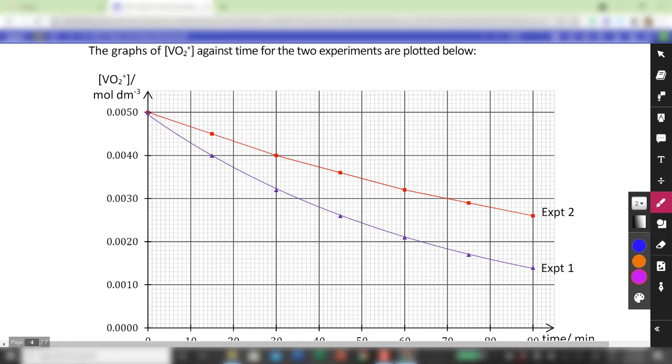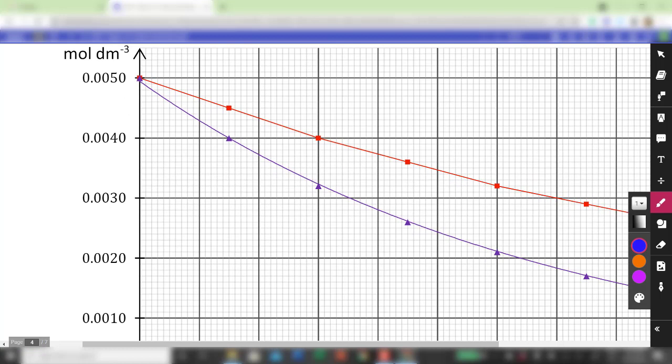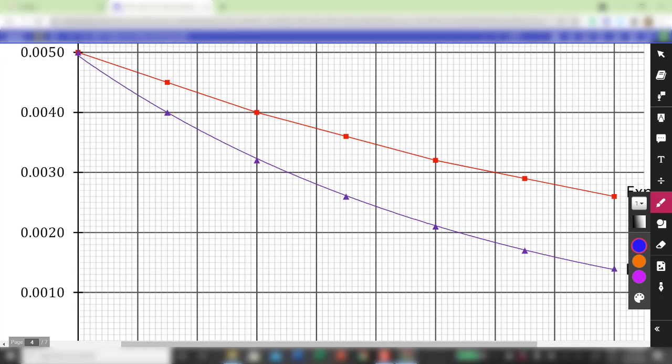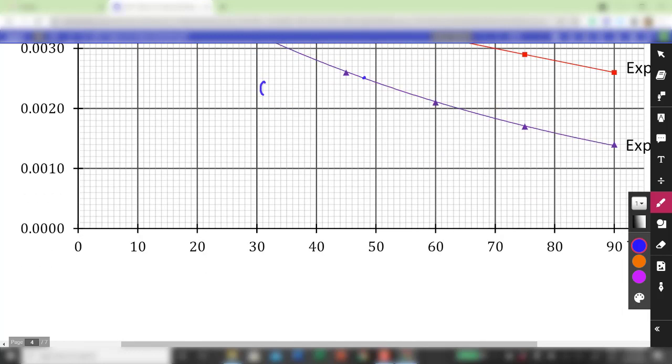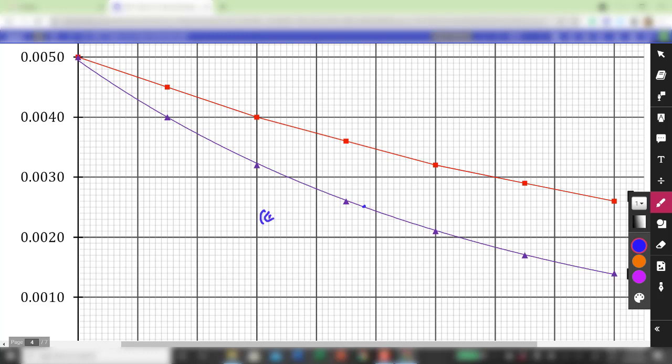So in this case, if we were to check experiment 1, let's check it out very closely, from 0.005 to 0.0025. Let's try to check. Okay, it's over here. So this point would be 48 and 0.0025.